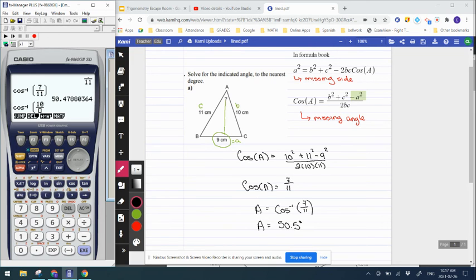So we can go 10 squared plus 11 squared minus 9 squared all over 2 times 10 times 11. Close off that bracket and enter. So you can see whether we do it in 2 steps or 1 step, your calculator can handle it. And that's all there is to finding an angle using the cosine law.